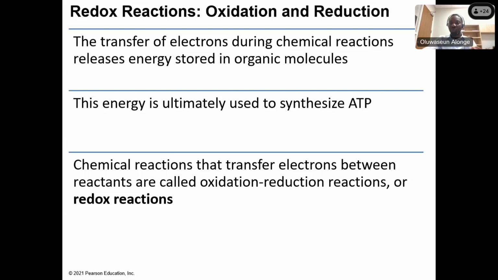ATP is produced, but it is produced through electrons. Think about it as signals. The president may want to do something in a state, and he doesn't need to get to that state. He just needs to make a call or send a mail to the governor, and all he needed will be done just through the sending of signals.